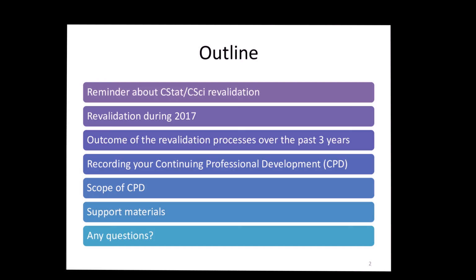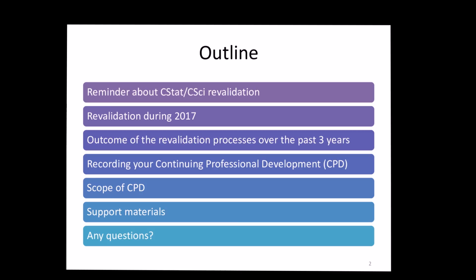We will then go into some detail on the revalidation process being adopted in 2017 for the cohort who have a revalidation date of the 1st of January 2018, highlighting the distinction between the process for those CStats not holding the CSci award, which for shorthand during the presentation we will refer to as the CStat revalidation process, and also the process for those CStats who also hold the CSci award, which for shorthand we will refer to as the CSci revalidation process.